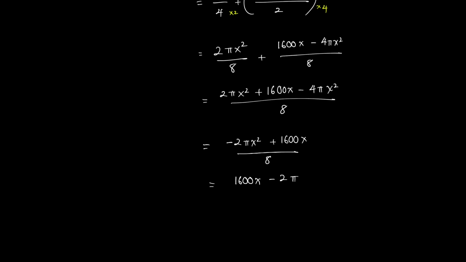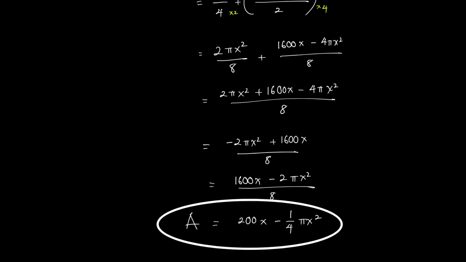So what you're going to get at the end is 1600 divided by 8, which is 200x, minus 1 over 4 pi x squared. So that will be your final area formula.